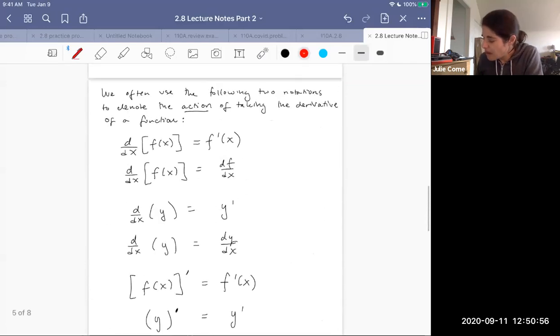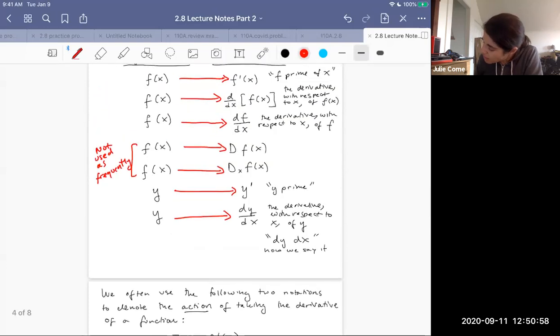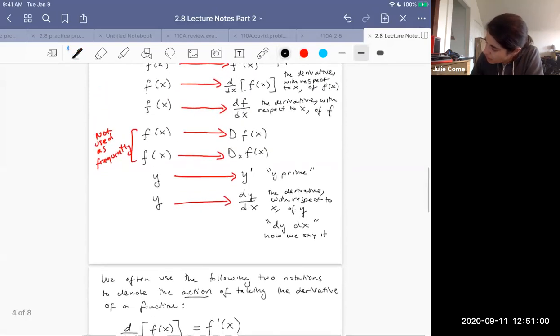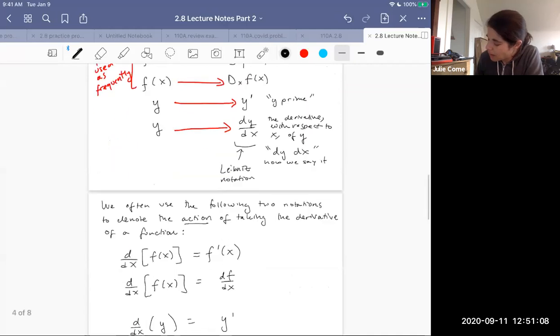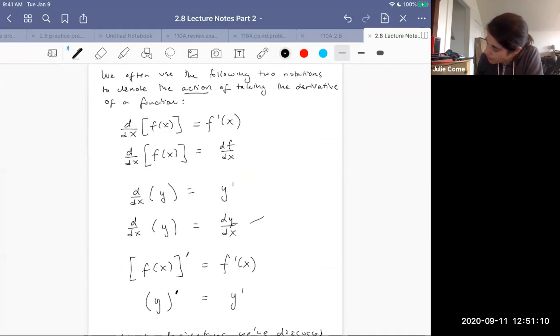And I should probably back up and also say that this right here, similarly, is also called Leibniz notation. And same thing here. Just so that when you're told something's in Leibniz notation, you have a sense of what that means.